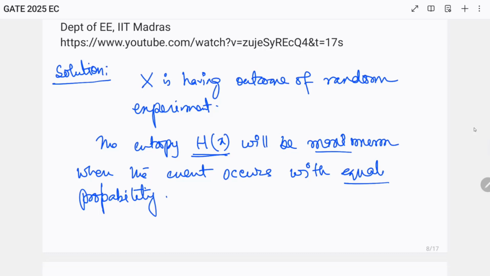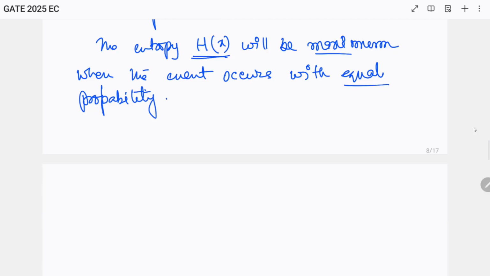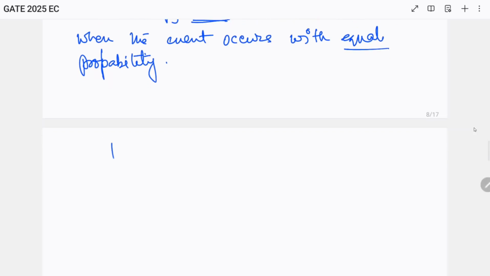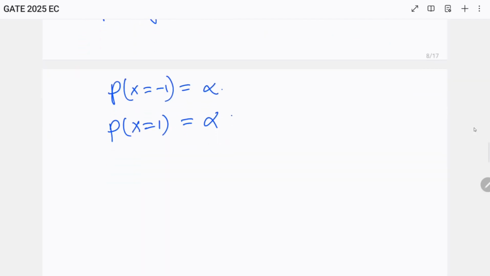So for maximum entropy we need to find the probability values which are equal. Given P of x equal to -1 is alpha, P of x equal to 1 is again alpha, and probability of x equal to 0 is 1 minus 2 alpha.